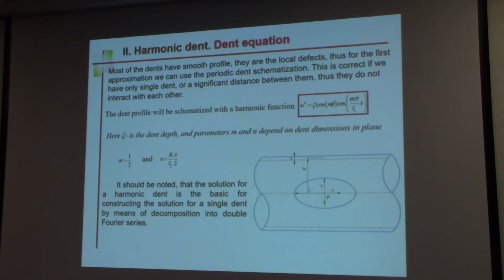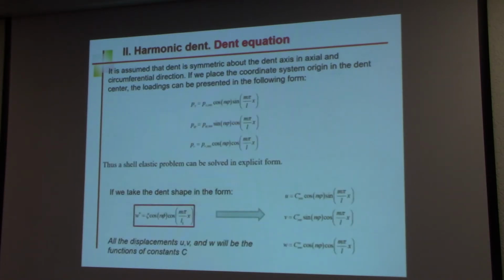It's also useful by itself because we can test the Kaledin approximate load method, and also if we have dents which lie at a big distance from each other, we can also use this solution.